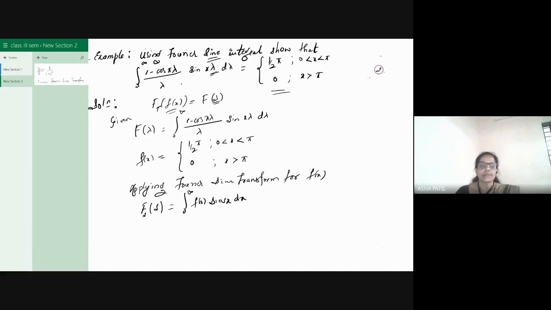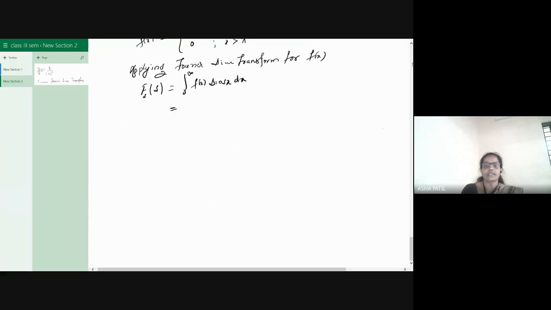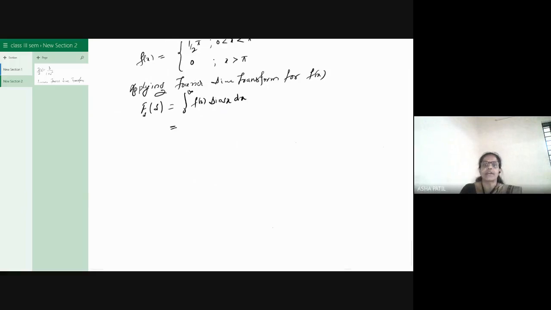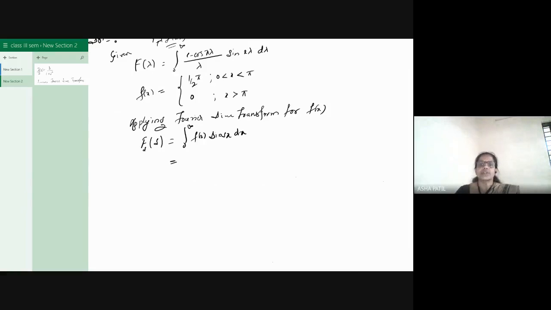Now let us substitute the function f of x here. How is that function defined? In the interval 0 to pi, it is 1 by 2 pi, whereas for x greater than pi, it is 0.